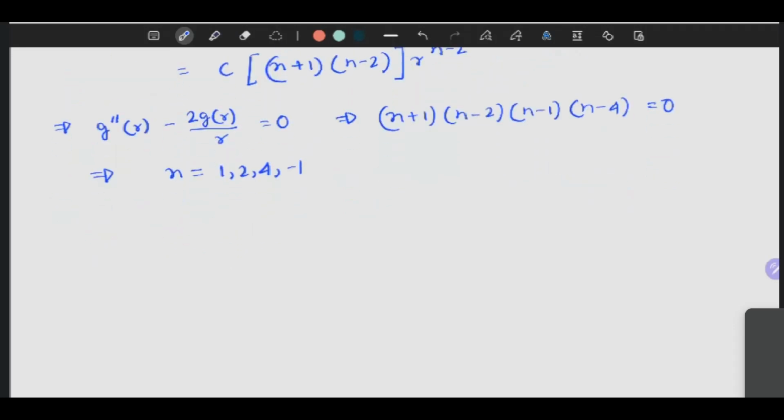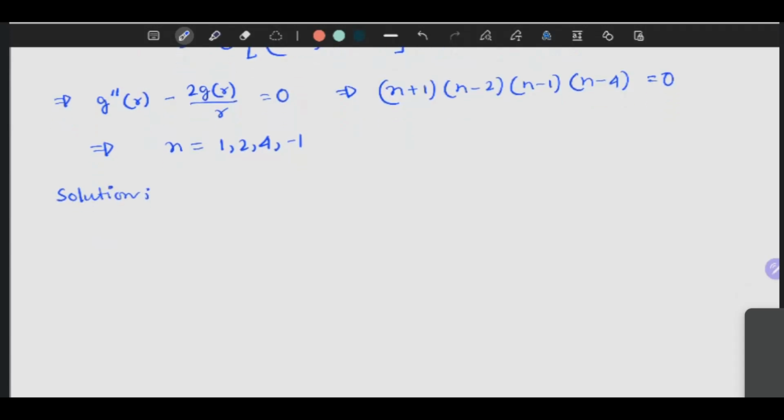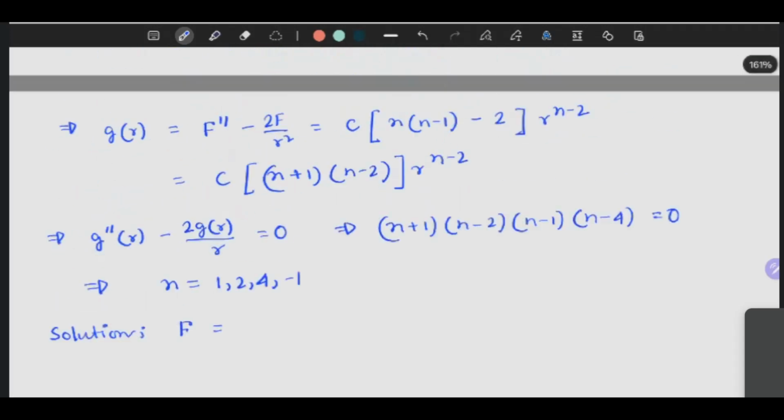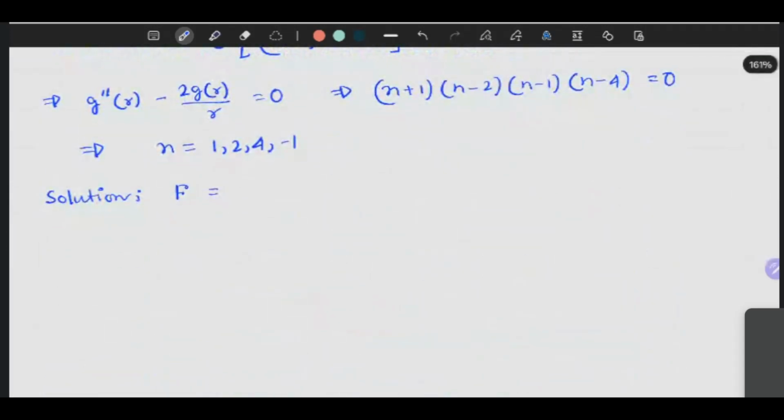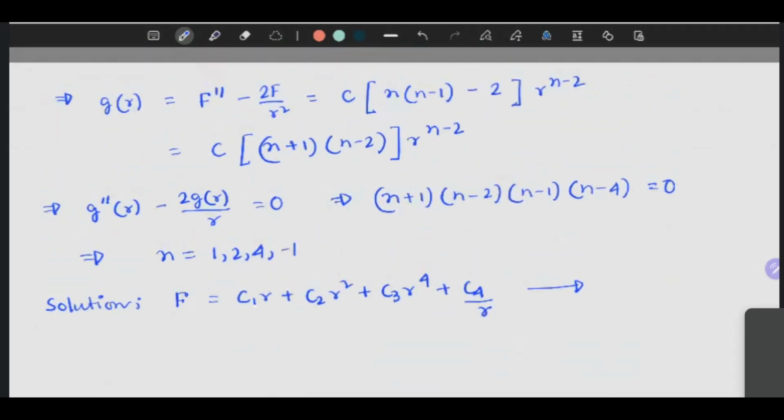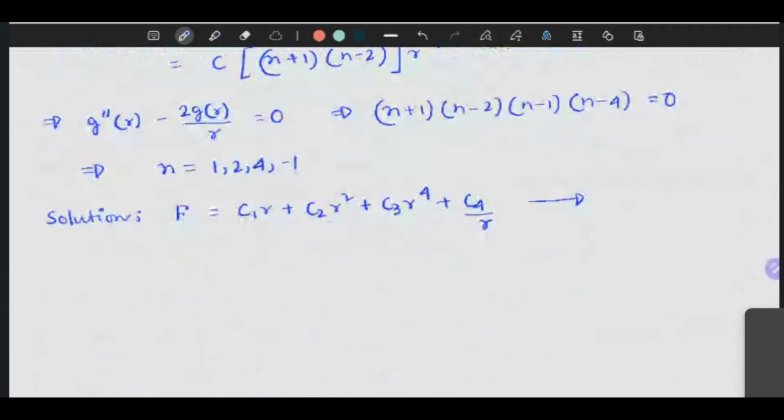So the solution then becomes f equal to c1 r plus c2 r square plus c3 r to the power 4 plus c4 by r. This is equation 11.